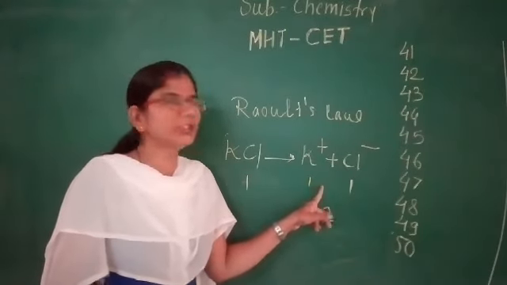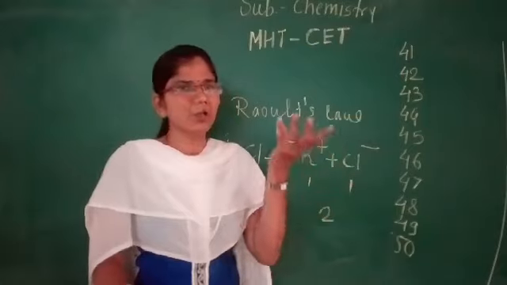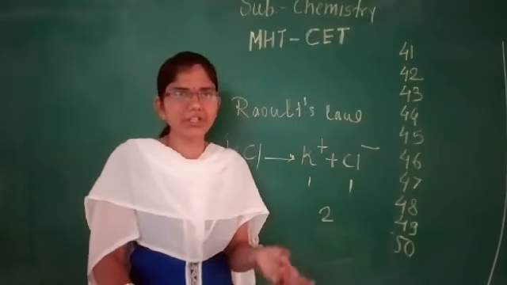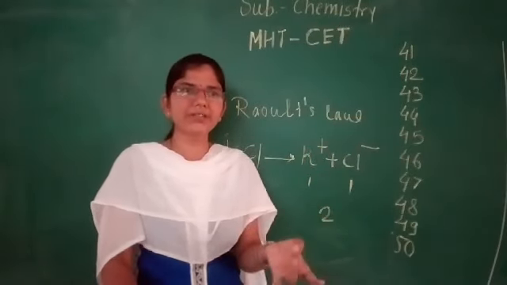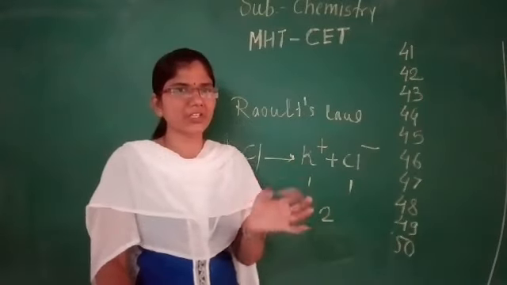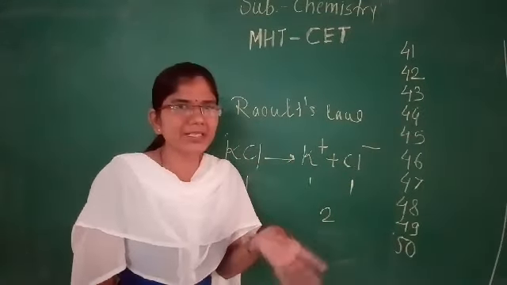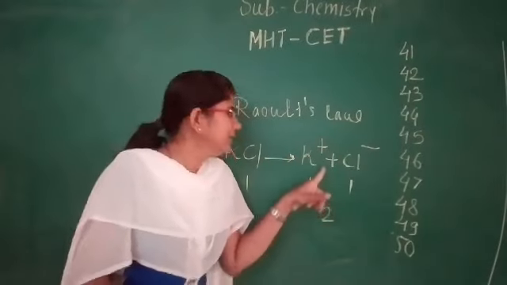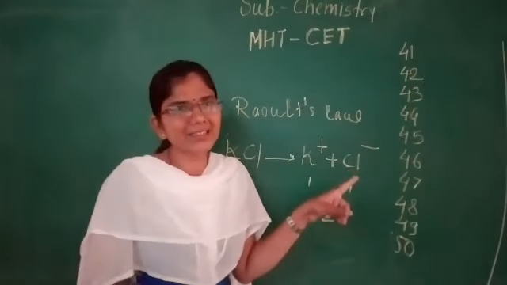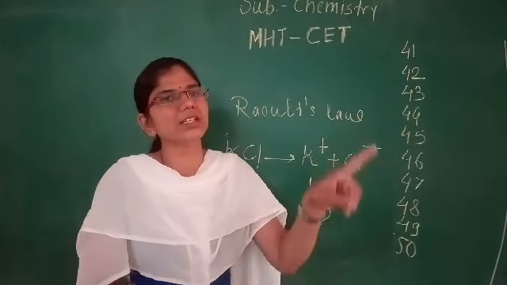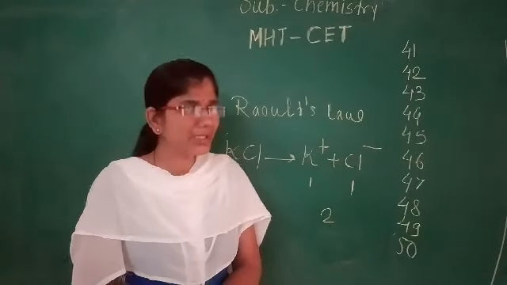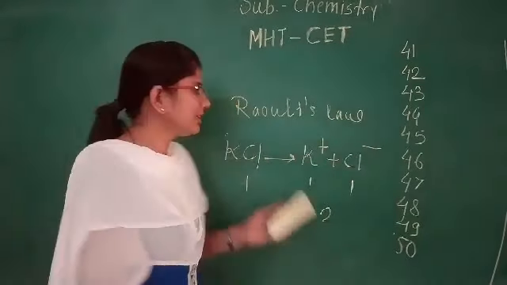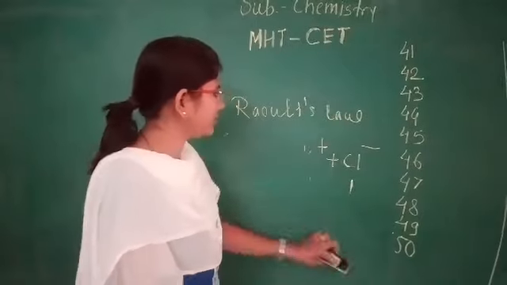The colligative properties, that is, lowering of vapor pressure, elevation in boiling point, depression in freezing point, and osmotic pressure, all increase when the number of solute particles after dissociation increases. So dear student, this is a revision for electrolyte and non-electrolyte.